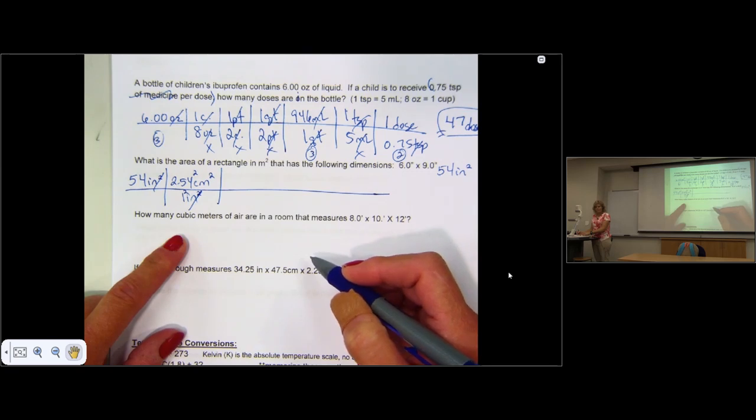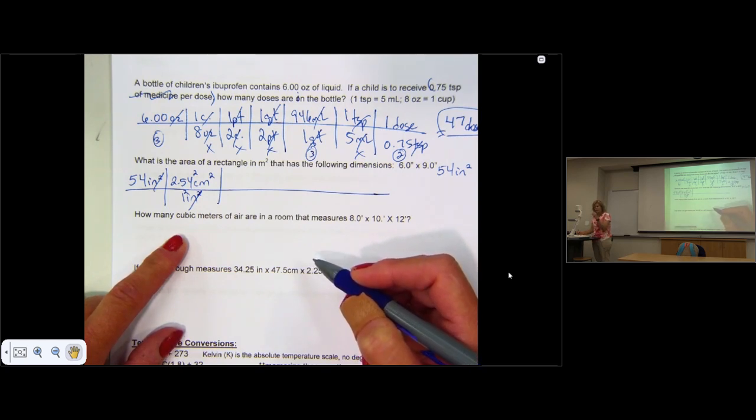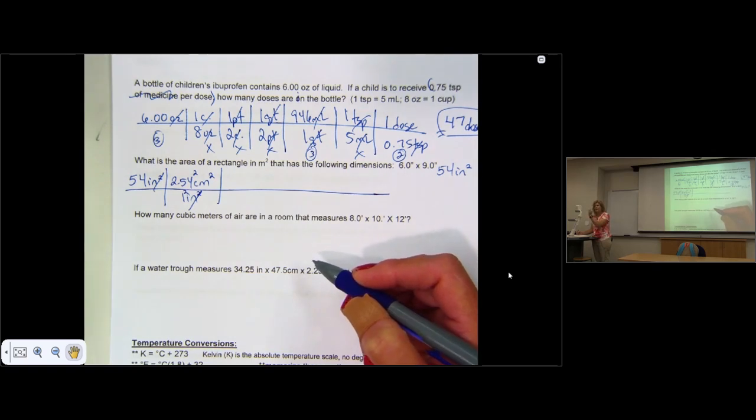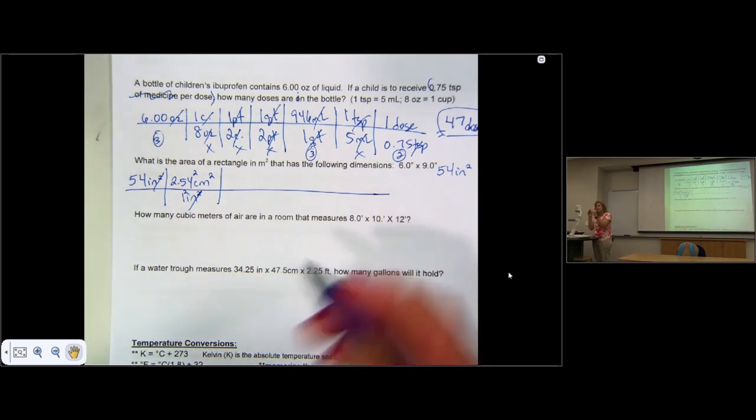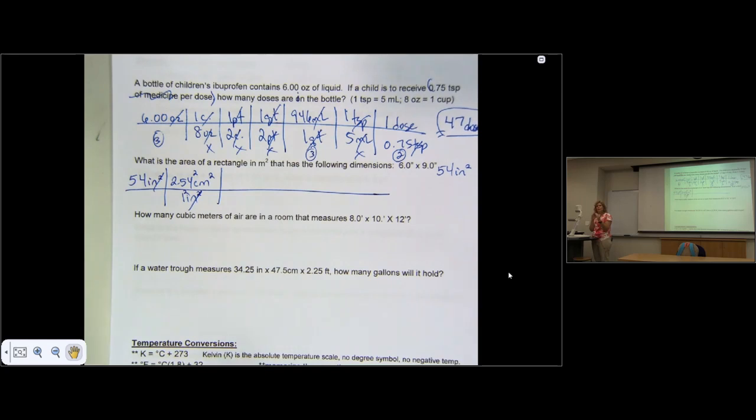Then we take centimeters squared to what? Meters. This is where some people get pretty confused because you don't know how to do centimeters squared and meters squared, because then there's powers to powers. Forget that for just a minute and just first tell me the relationship between centimeters and meters. Tell me that relationship first.